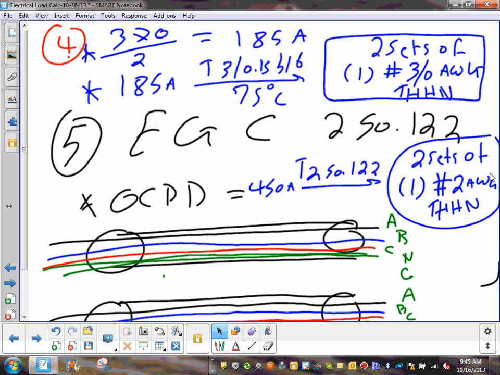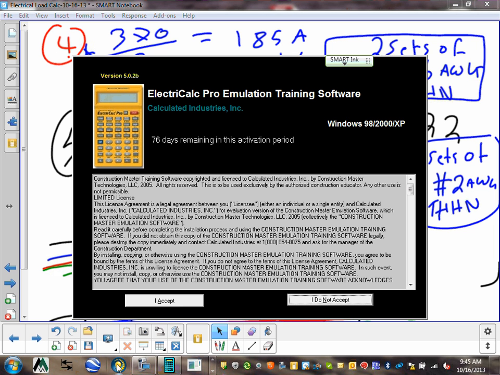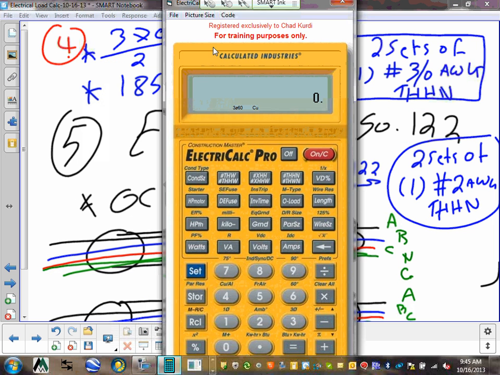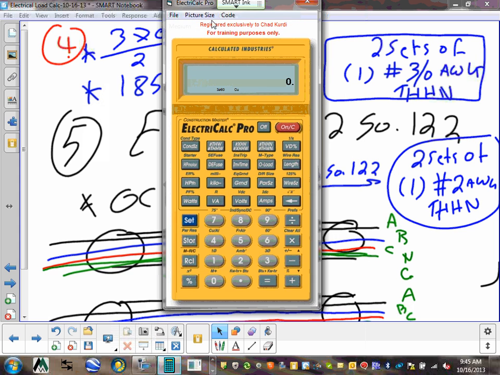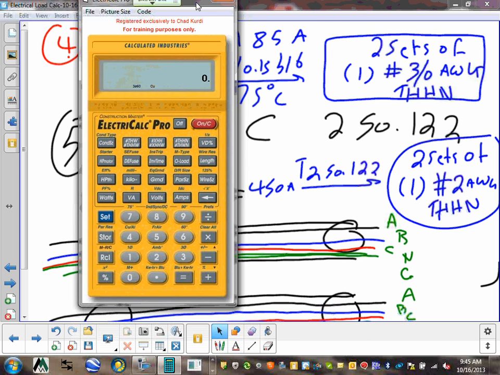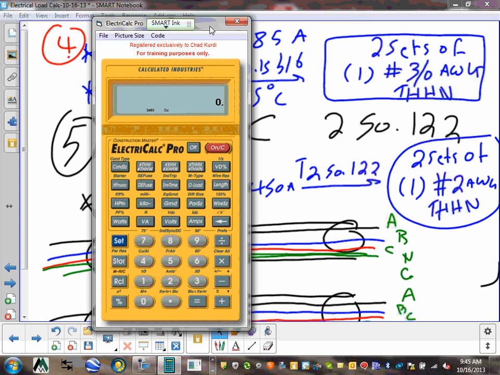Let's go size the conduit for this. Oops, right here. Okay, so help me with the size of the conduit here, please. Okay, let's go to the medium. So, what was the size of the phases that we came up with?